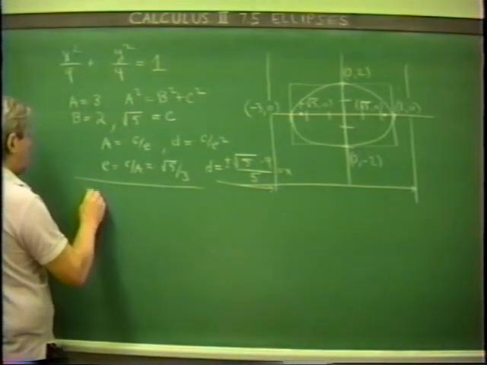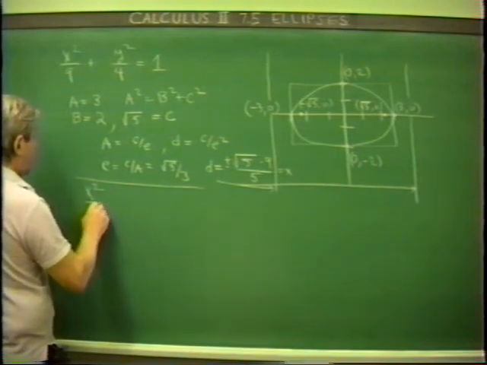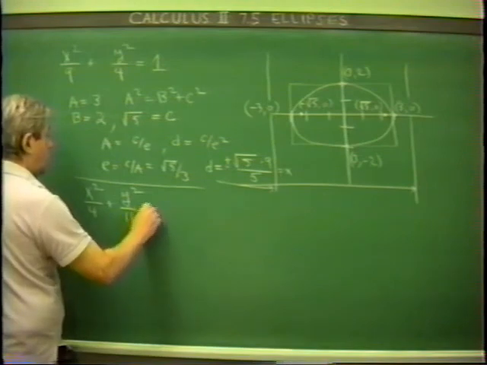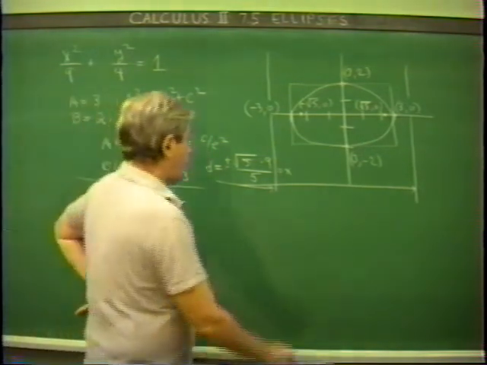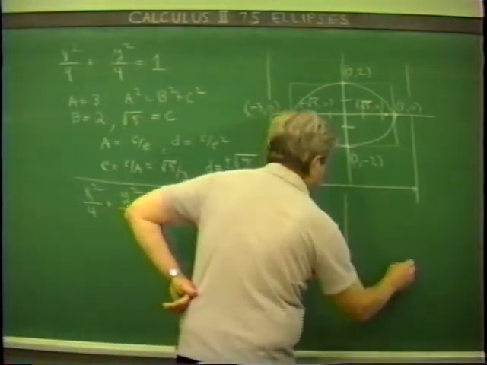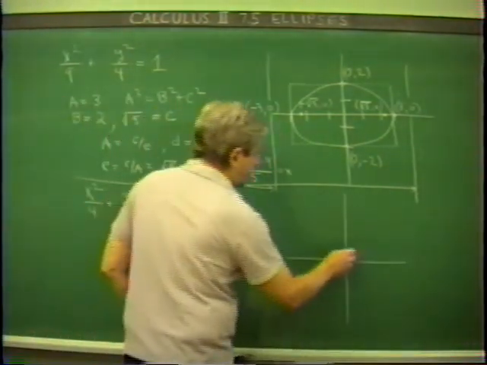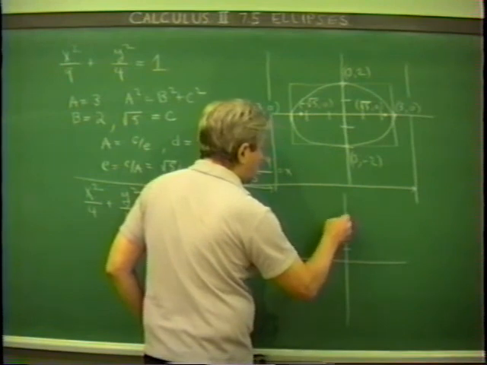Let's take a look at another here. X squared over 4 plus y squared over 16 equals 1. For the sketch, if x is equal to 0, y is plus or minus 4.